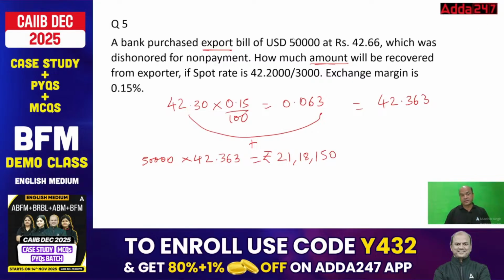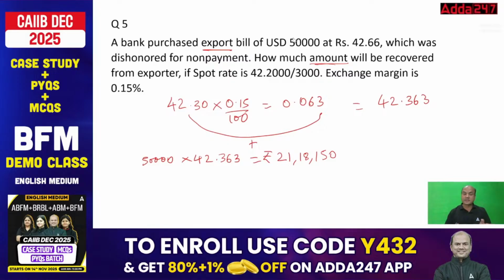Now look at this. The bank purchased the export bill for USD 50,000 at 42.66, which was dishonored for non-payment. Now this is dishonored. Now look at it. There's a twist in the problem. Export means buy, you'll say, sir. But now there is a twist.